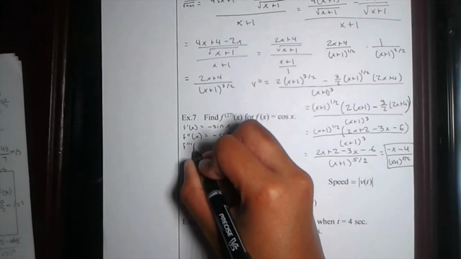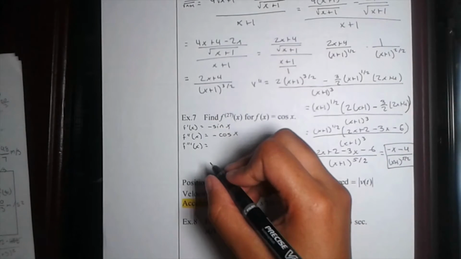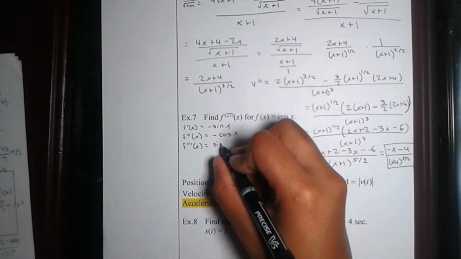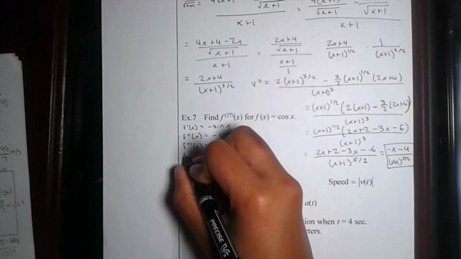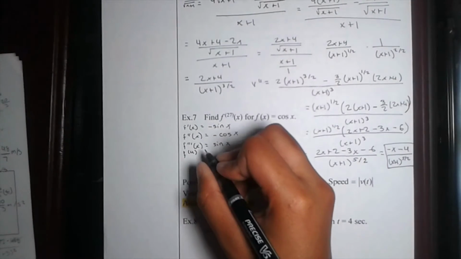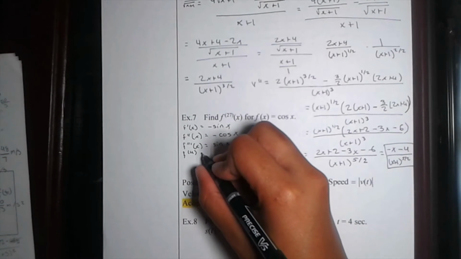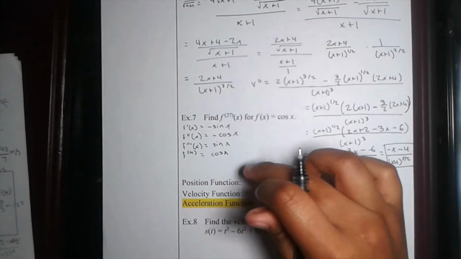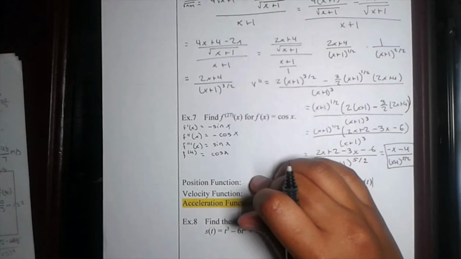The third derivative is sine of x, because negative negative sine of x. And then the fourth derivative is cosine of x, and if you look at it, it just repeated.